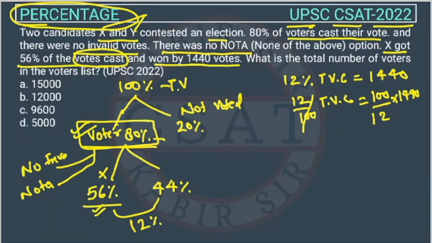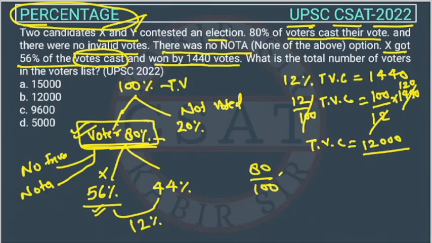Okay, so this 12 will cut this one, right? One time, then 2, and then 0. So total votes cast is 12,000, right? So total votes cast are how many? 80% of total votes available, because only 80% of people voted, right? So this 12,000 is equal to 80% of total votes available, right?